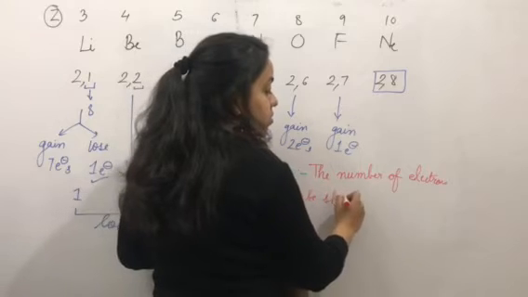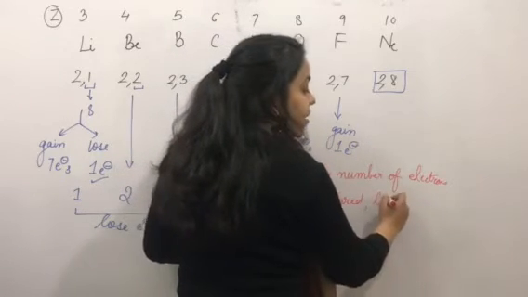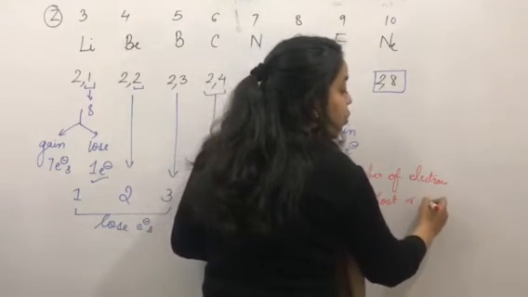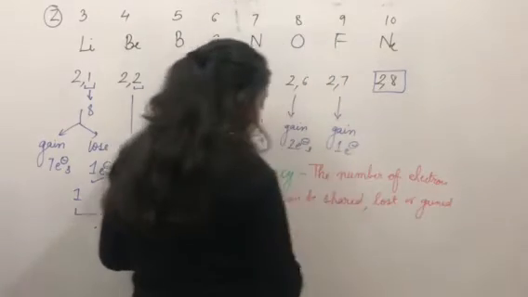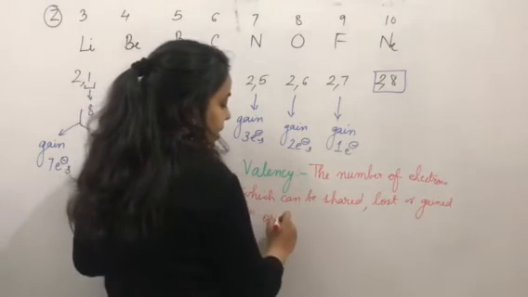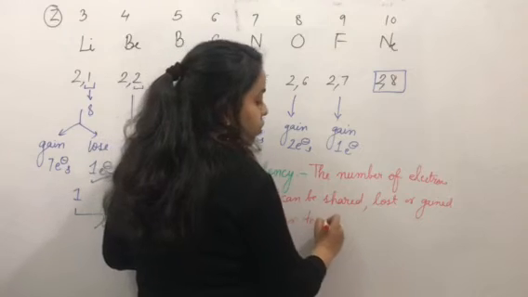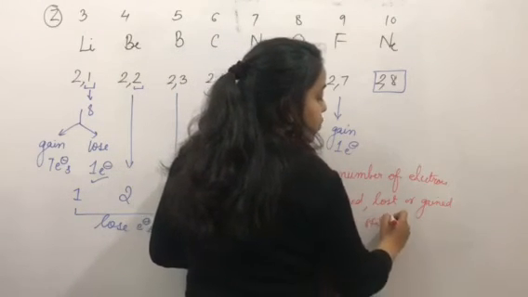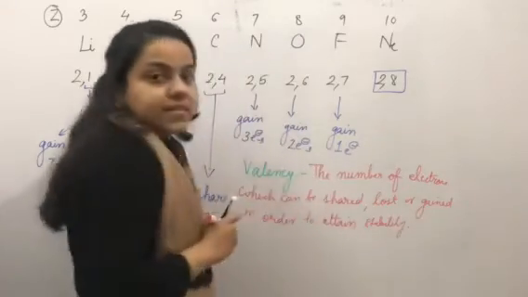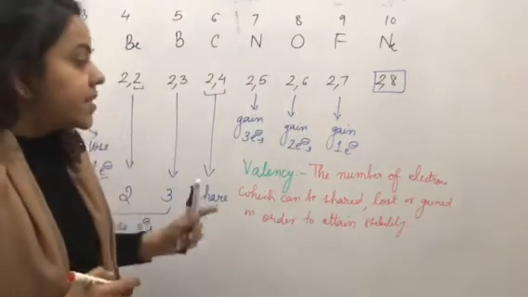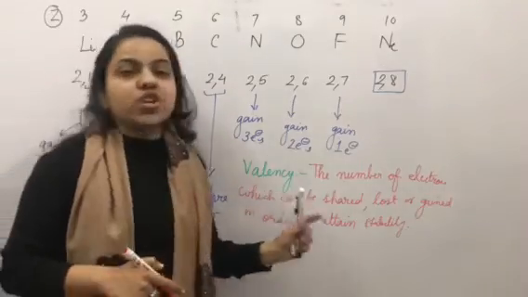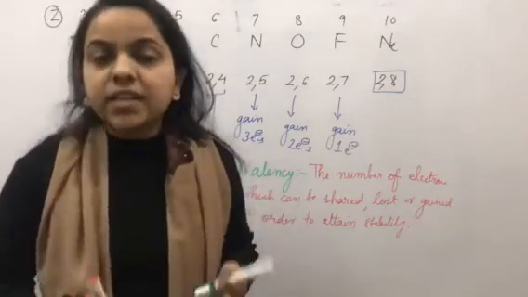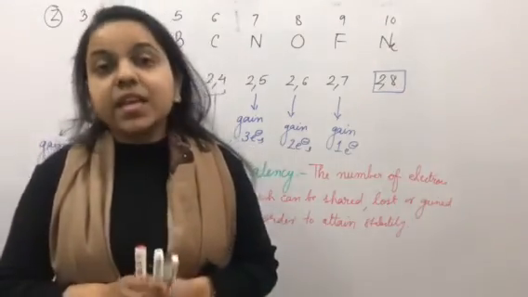Valency is the number of electrons which can be shared, lost or gained in order to attain stability.